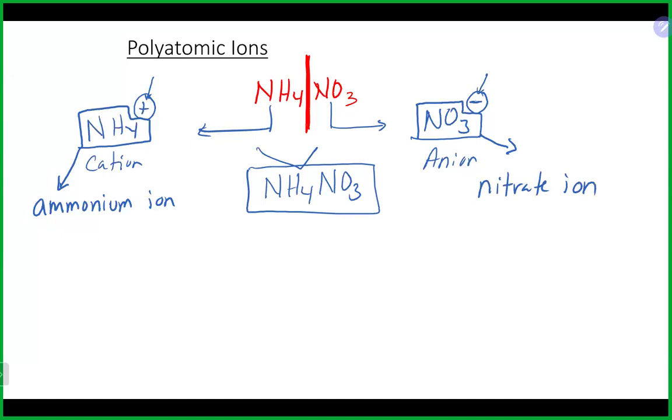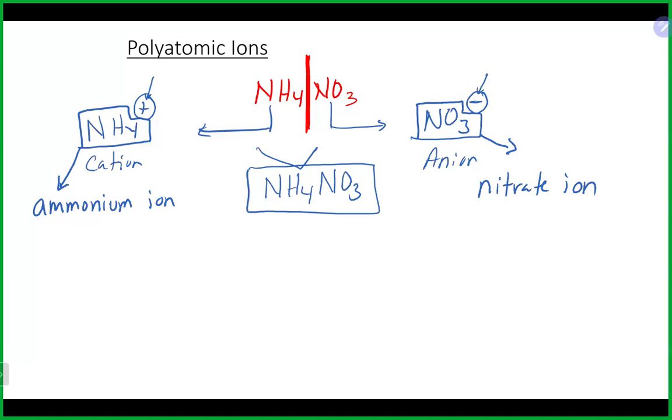Now, one of the good things, I guess, of polyatomic ions is when we name polyatomic ions, we simply just use the whole name of the polyatomic ion. So whatever the name of that polyatomic ion, we use it in the naming. It also does not matter how many of those you have. So if I have like 30 NH4s, it doesn't matter. It's still just going to be ammonium.